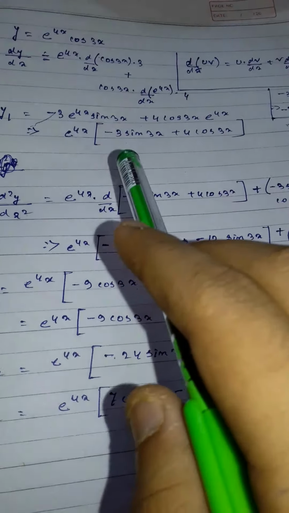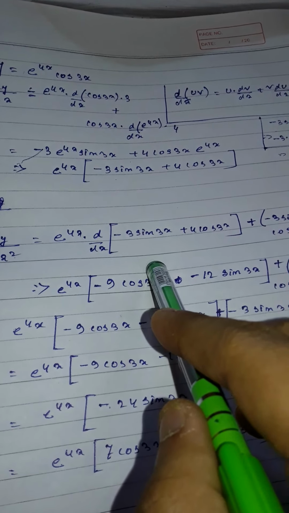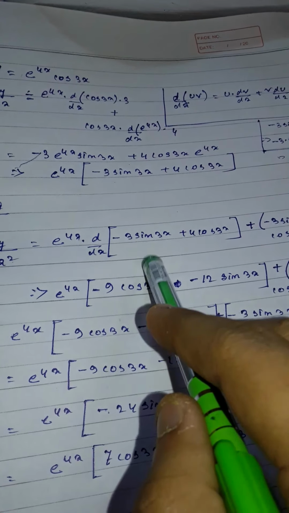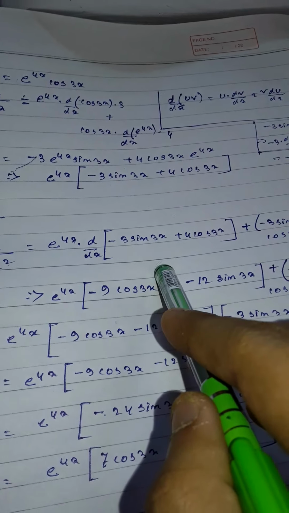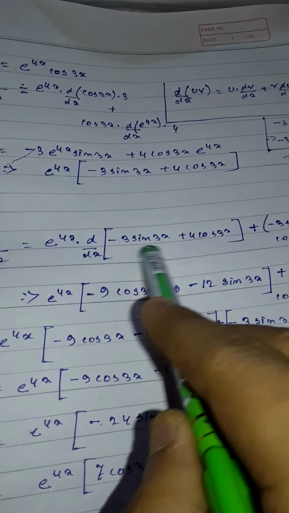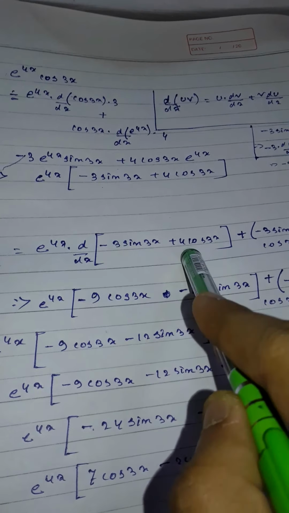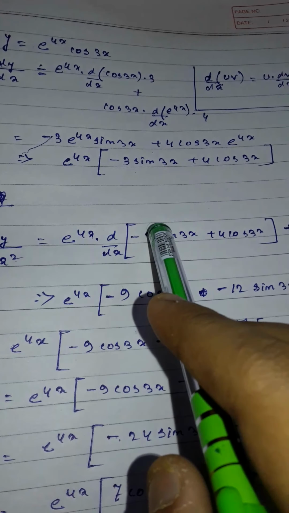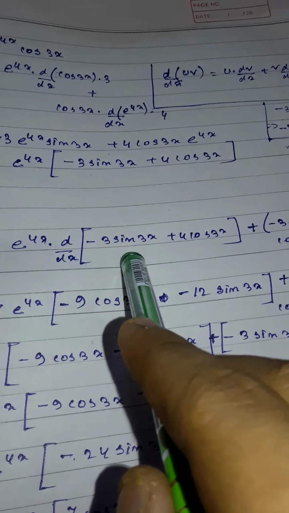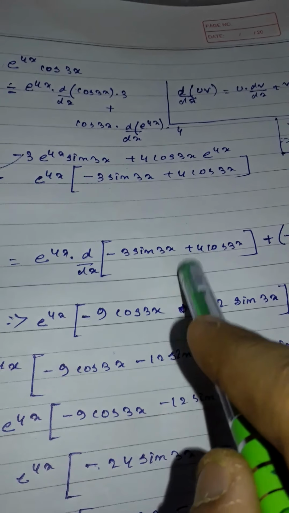So u dv/dx, differentiating minus 3 sin 3x plus 4 cos 3x, plus v du/dx, differentiating e^(4x). Many students make mistakes in these calculations because they forget to break these terms, minus 3 sin 3x and 4 cos 3x, and that's why they don't get the marks. Notice carefully that I have used the UV formula again in the inner part.